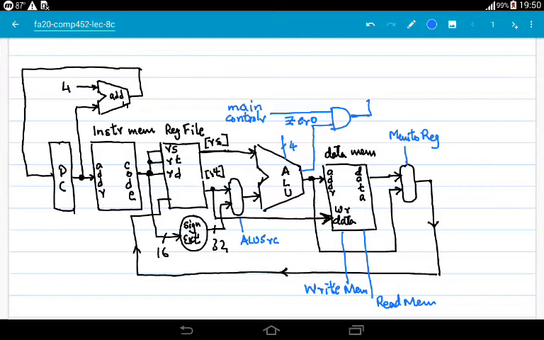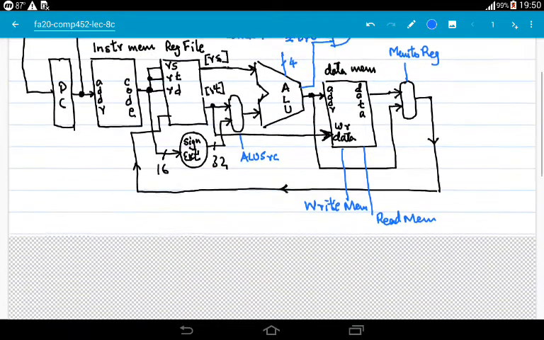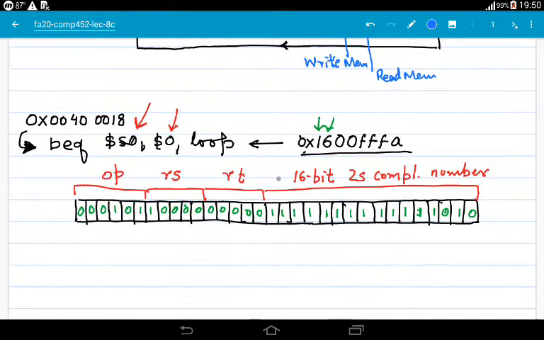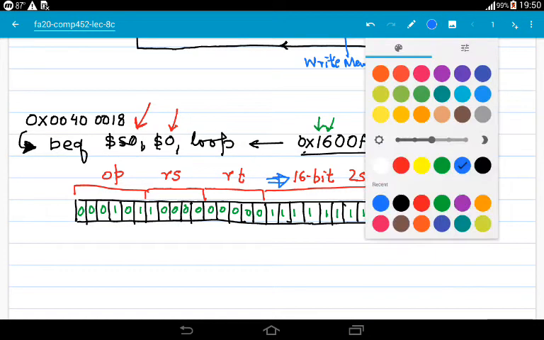Okay, now comes the role of this 16-bit number in 2's complement format. What does this number tell you?